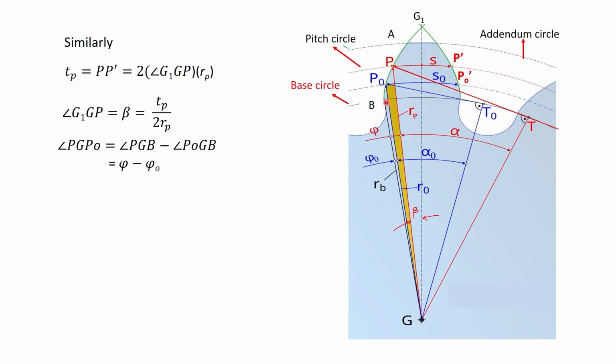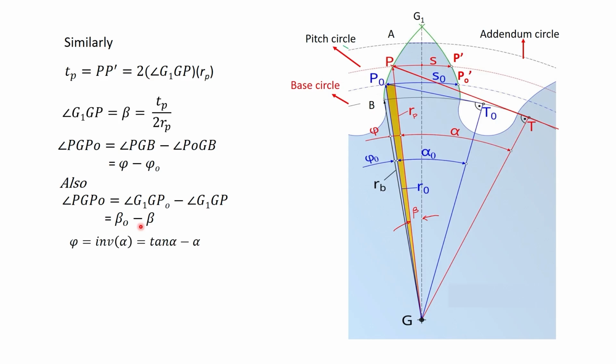And that is equal to phi, this angle phi, from this to this, minus phi 0. Also angle P GP0 is equal to angle G1 GP0 minus angle G1 GP, and so that is beta 0 minus beta.